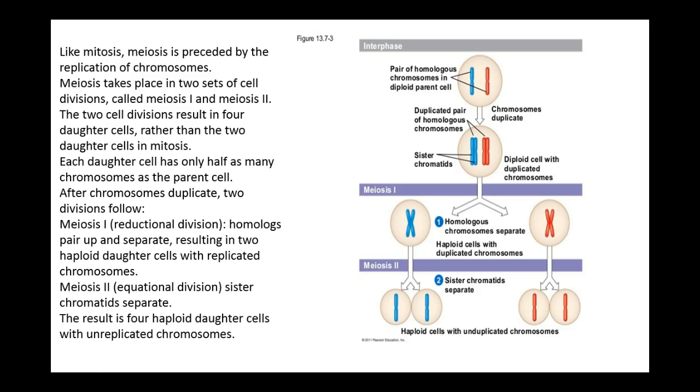So those chromosomes that are in the 4 haploid daughter cells all came from that precursor cell. That's where the original chromosomes came from. What this does is allow for a lot of variety, and it is all done by independent assortment.